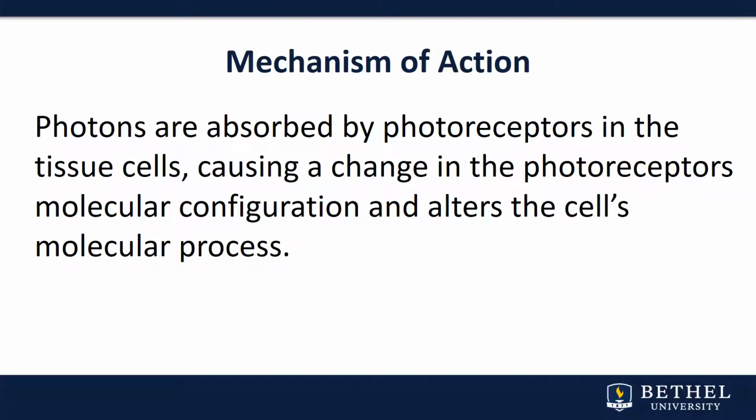What's the mechanism of action? Well, photons are absorbed by photoreceptors in the tissue cell, causing a change in the photoreceptor's molecular configuration and altering the cell's molecular process. And that's all in a positive way, therefore assisting in healing.